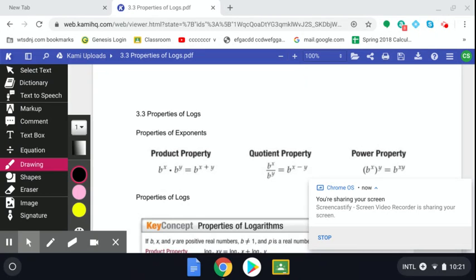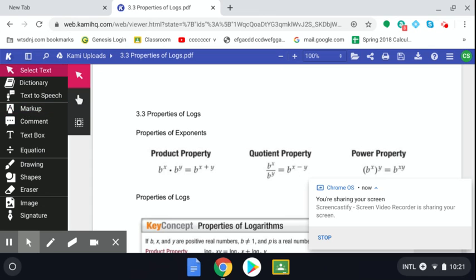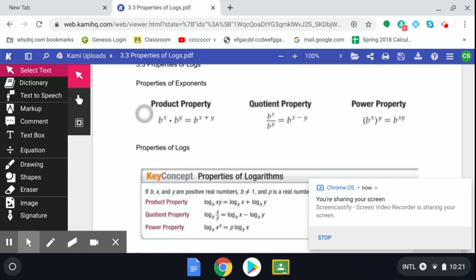So the first thing we need to remember are some properties of exponents. As you can see here, you have the product property, the quotient property, and the power property, and I know you're already familiar with those from Algebra 2.